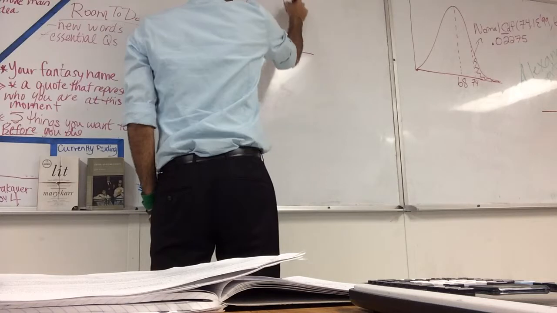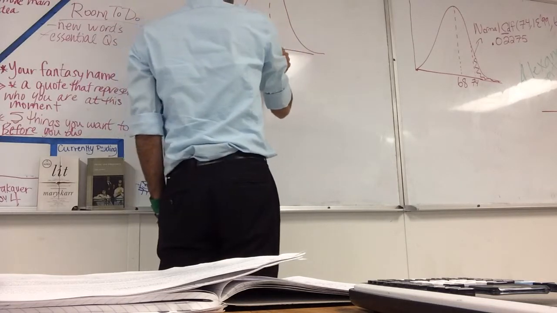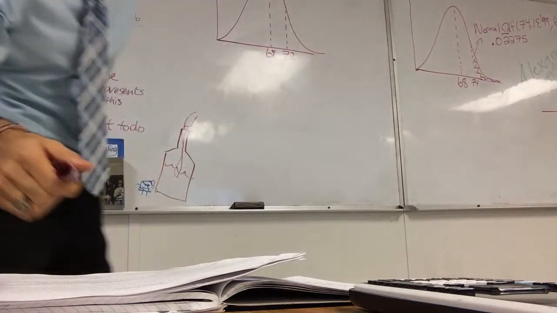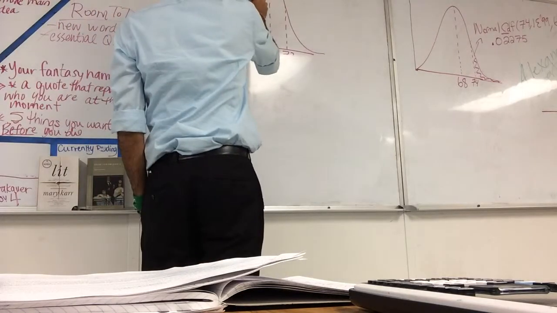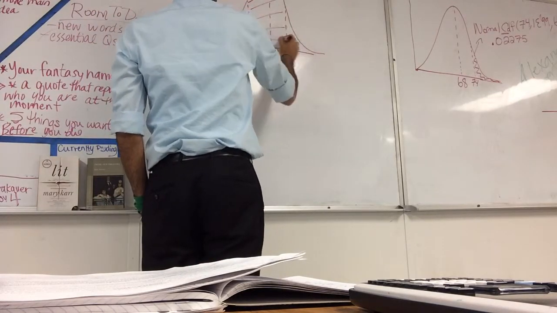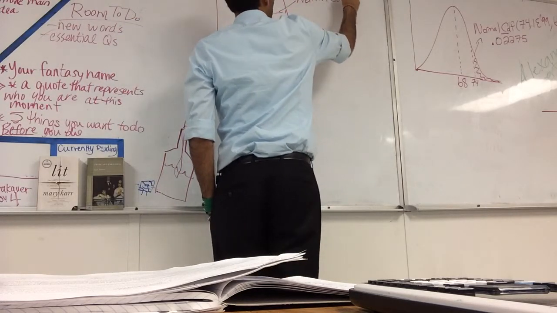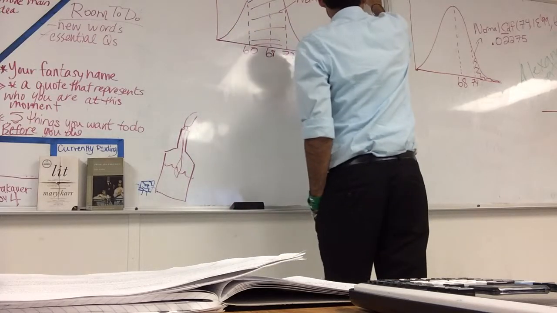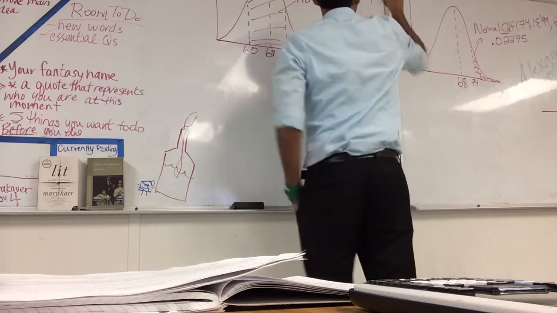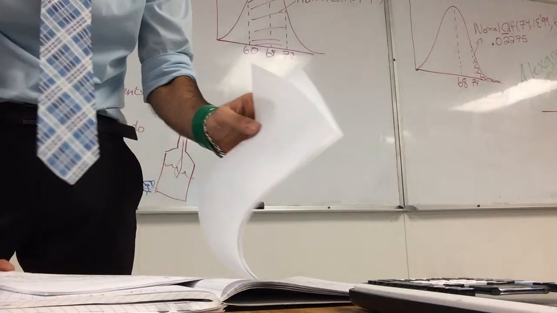This is going to be 68. And please, again, just make sure you're writing what you're plugging in. So here's where we're going to plug in. And please verify that you're getting this.